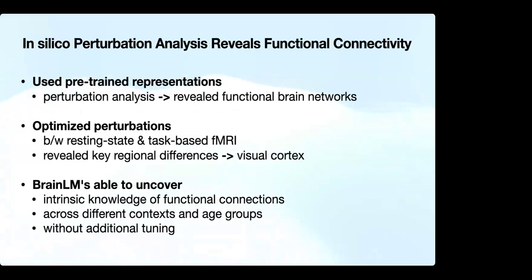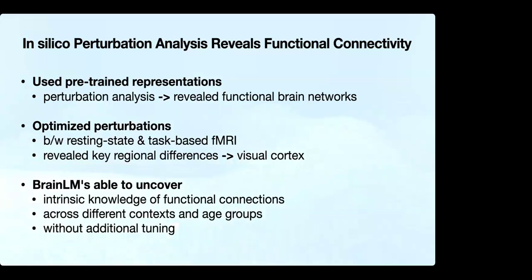They also did a more in-depth analysis of their results, this perturbation analysis. So again, they use these pre-trained representations. From what I can tell, they did their training of the encoder, and then they froze the encoder weights and mapped all the data set to this lower dimensional space.